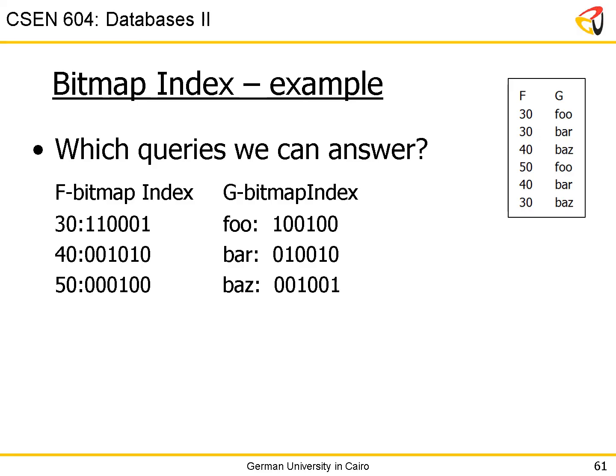If I say select star from where f is less than 50, so I need 30 and I need 40. Either of them will be in my result set, so I'm going to OR the bits for 30 and 40. That's provided that we maintain this list of values 30, 40, 50 sorted. So we could make use of it to answer even range queries.